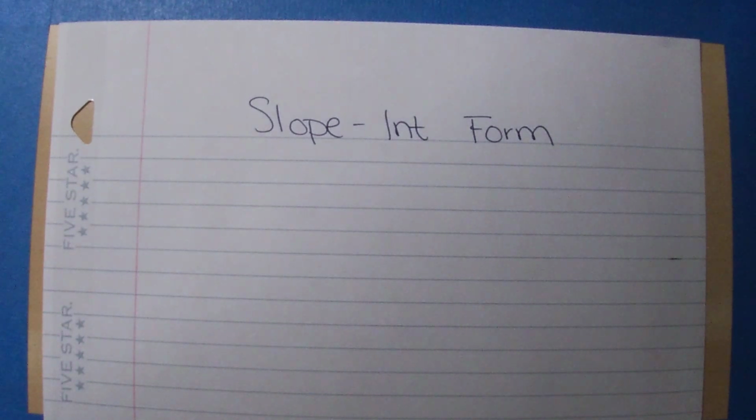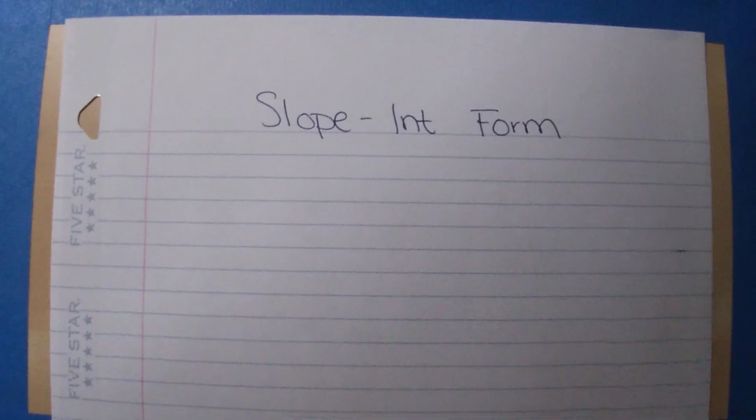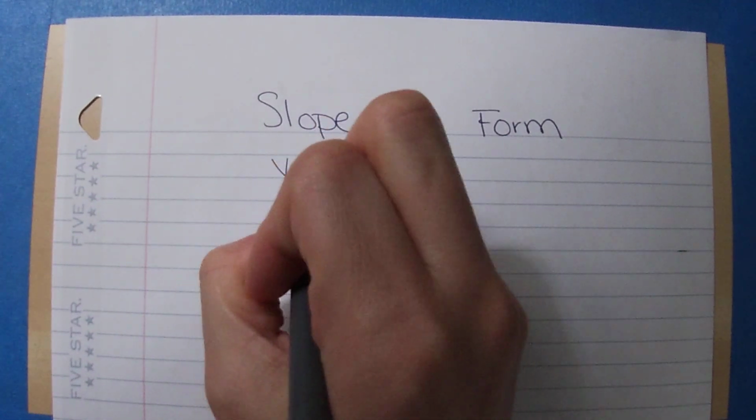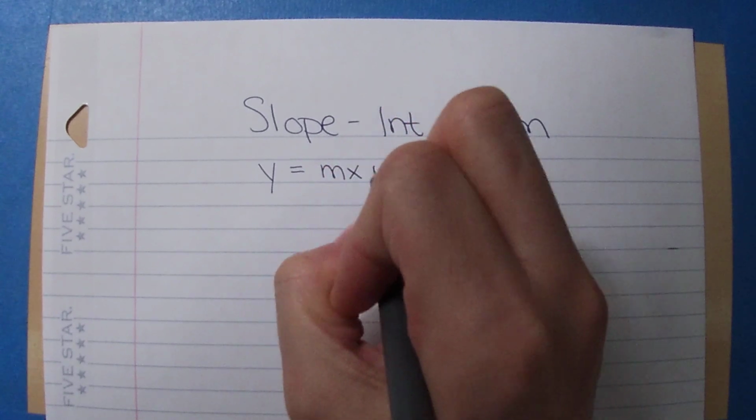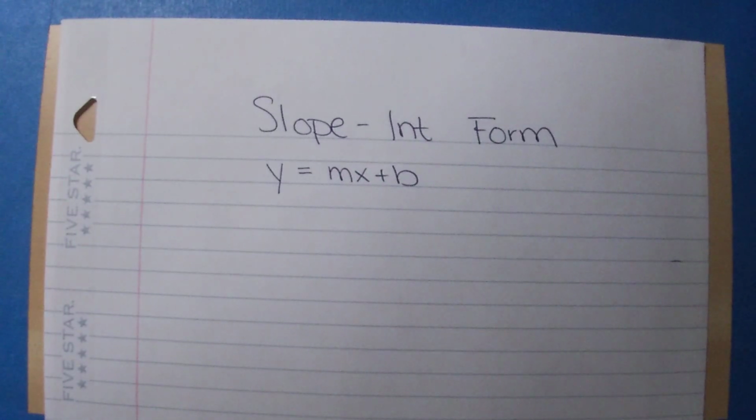Okay, so slope-intercept form. Slope-intercept form is our beloved formula. Slope-intercept form says y equals mx plus b. It says that we have a way of graphing if we're given something that is in this format. And this format tells us a couple important things that we should know about.